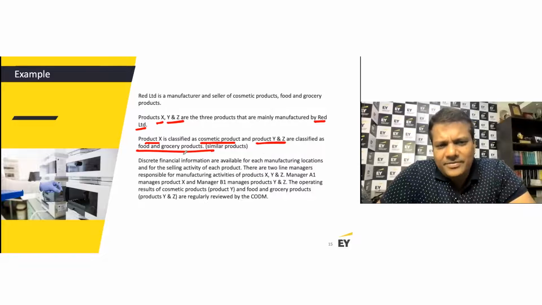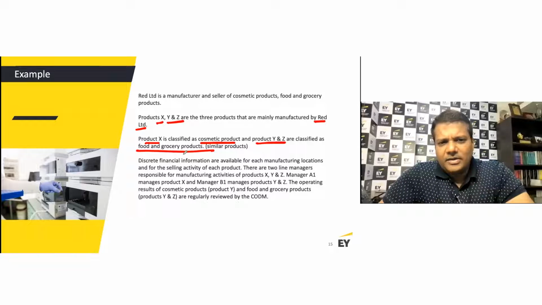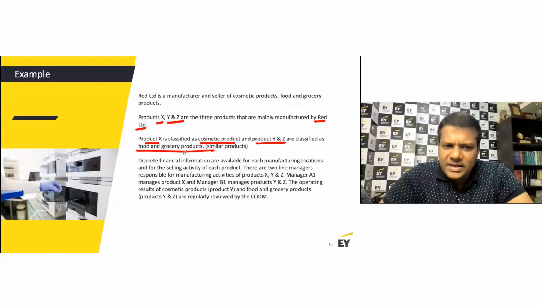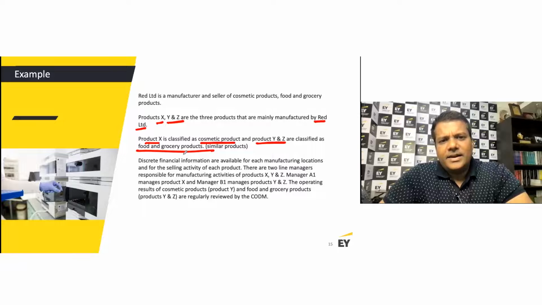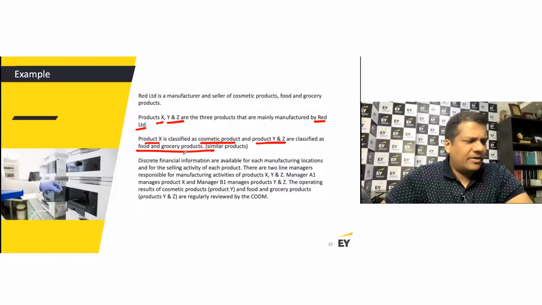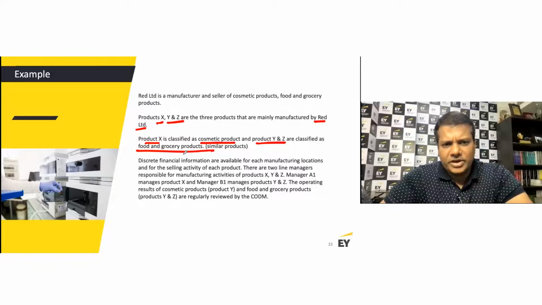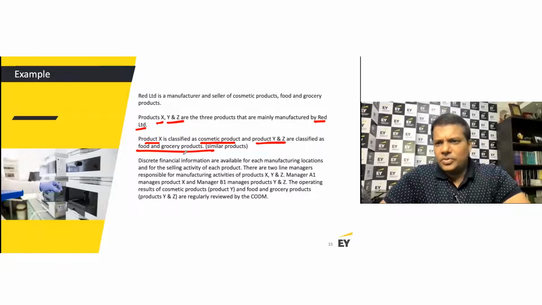Now, discrete financial information is available for each manufacturing location and for the selling activity of each product. There are two line managers responsible for manufacturing activities of products X, Y, and Z. Okay, awesome.